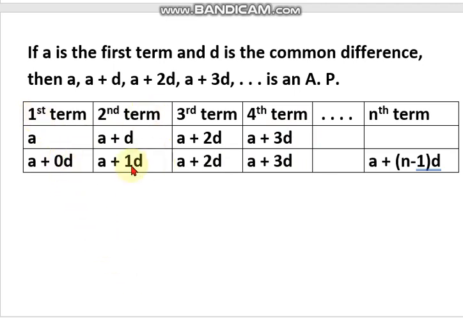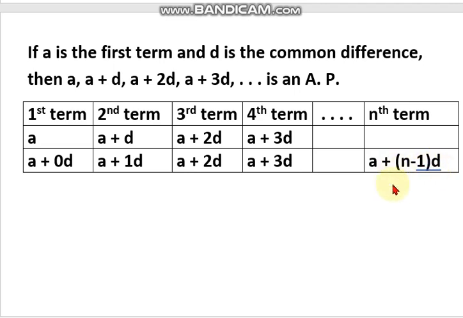For the second term the coefficient of d is 1. For the third term the coefficient of d is 2. For the fourth term the coefficient of d is 3. Therefore for the nth term the coefficient of d will be n minus 1. So we can say that the nth term of the AP is a plus (n minus 1) into d.